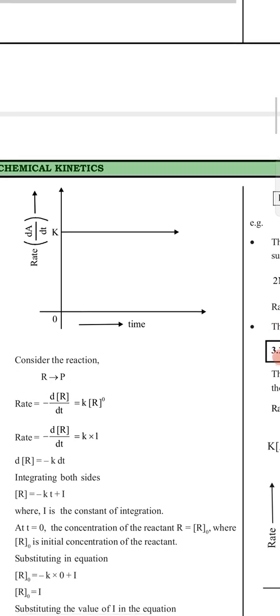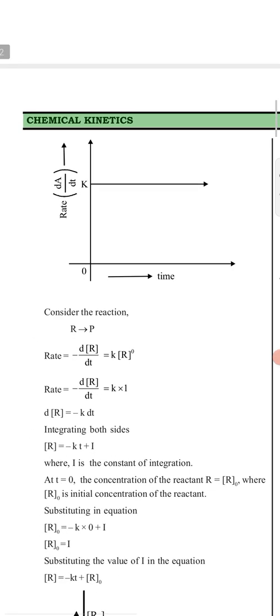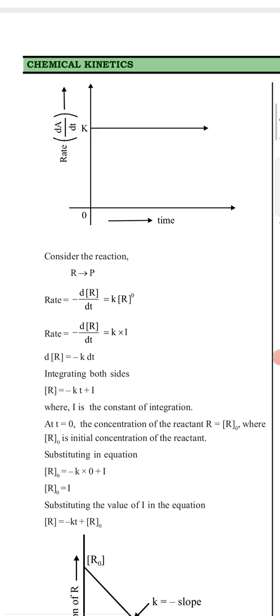In a zero order reaction, R to product, rate equals minus d[R] by dt equals k [R] to the power 0. R to the power 0 means 1, anything to the power 0 is equal to 1. So d[R] equals minus k dt. After integration, concentration of R equals minus kt plus I, where I is the integration constant.